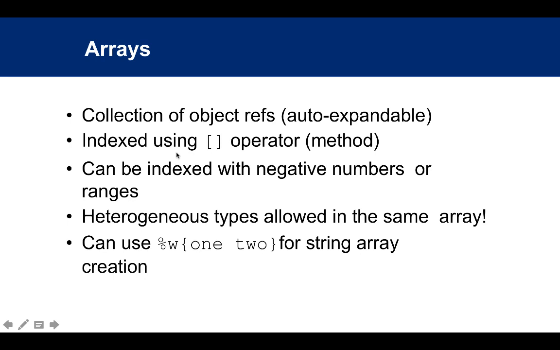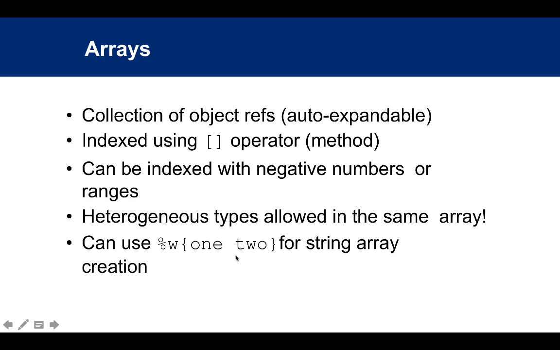You index it similar to Java arrays with this operator, which is really just a method. You could index with either negative numbers or ranges, which are interesting examples. And an array also lets you have not just homogeneous types, but also heterogeneous types in the same array. So if you want to put in an integer, a word, or something else in there, that's fine.